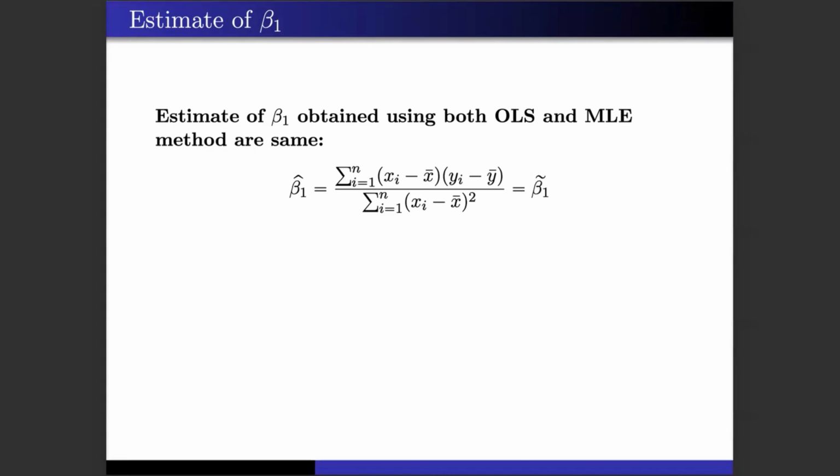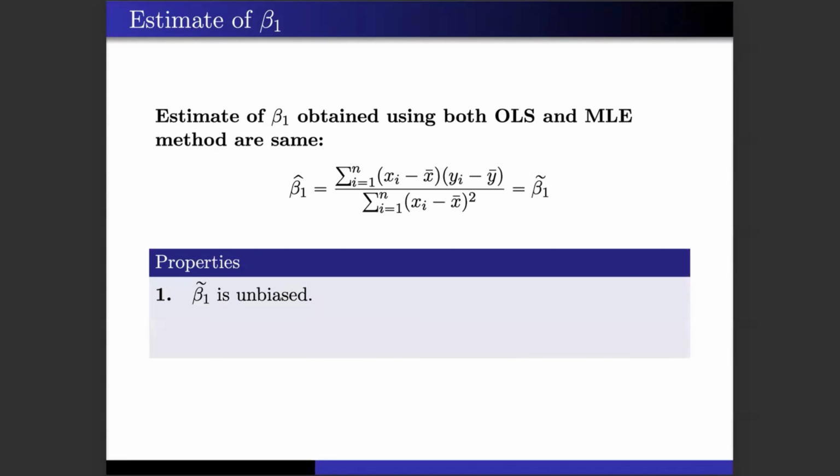And it turns out that a maximum likelihood estimate of beta 1 for simple linear regression model is also the same. And therefore, since we have already proved that beta 1 hat is unbiased, beta 1 tilde would also be unbiased. And similarly, variance of beta 1 tilde would also equal variance of beta 1 hat, which is sigma square divided by sxx.